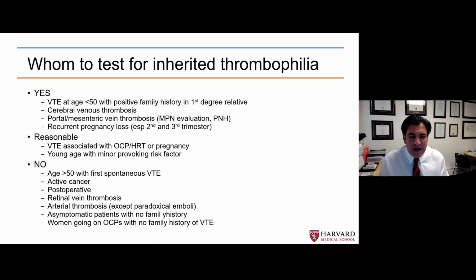And certainly I avoid testing in women who go on oral contraceptives without a family history of VTE. I will consider it in someone who has not had a VTE event if there's a strong family history and first-degree relatives and we're considering estrogen therapy.